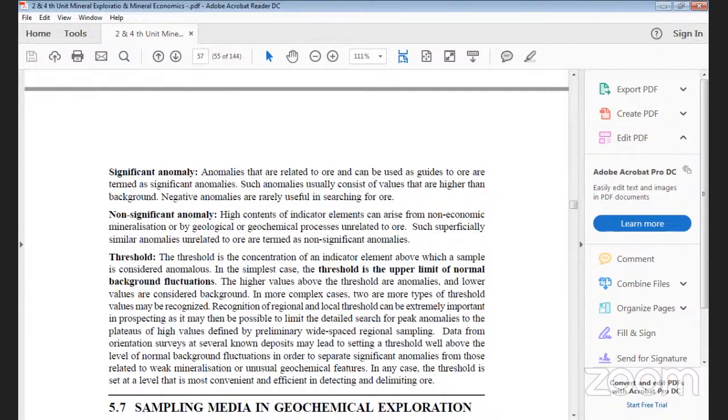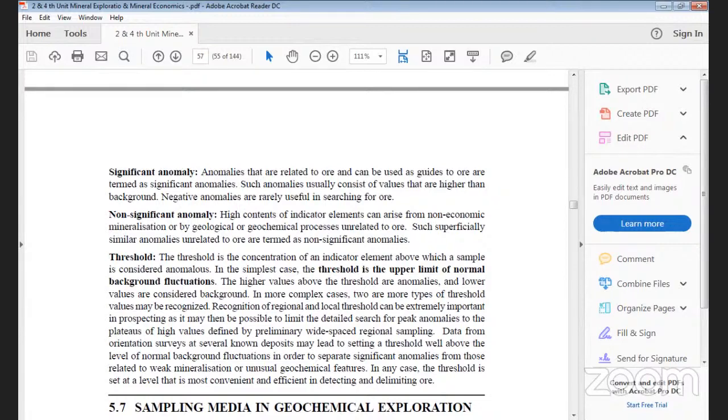So we'll calculate the average value, minimum value and maximum value. Based on these fluctuations, the upper limit of the normal background value is called the threshold. The values above the threshold are anomalies and the lower values we consider the background.